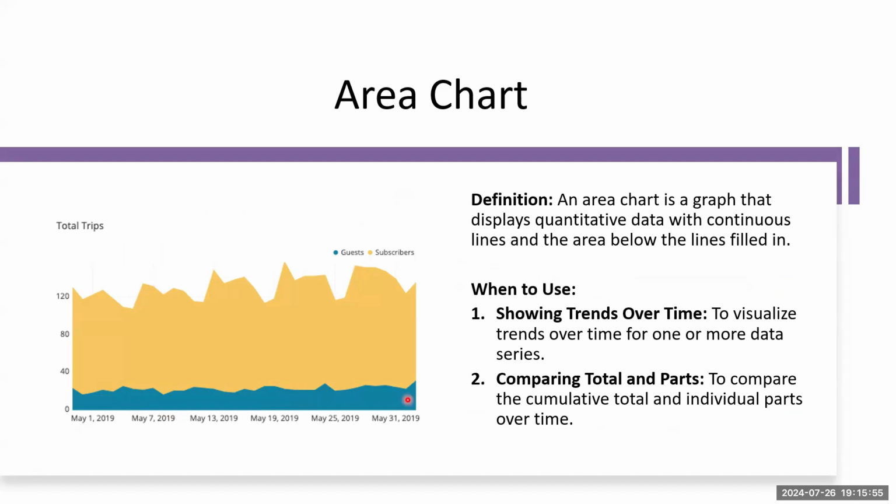So two scenarios here: showing trends over time, which can also be done by the line graph. Comparing total and parts, if we were comparing just total and parts with no time value, then we can use a stacked bar graph. But if we are looking at it over time, then we have to use an area chart.